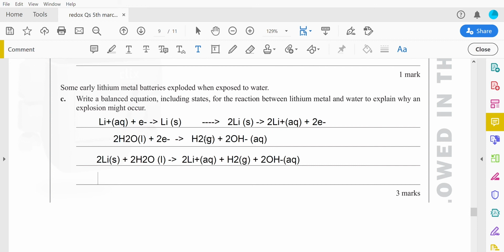And this is in a battery, so you've got electricity, so that could very easily be ignited, or just the hydrogen gas building up in pressure could also cause a battery to explode. So when we're talking about explosions in lithium metal batteries and stuff like that, we're always thinking about the products being produced, and hydrogen we know to be flammable, and also we don't want it building up in a battery due to pressure. So either of those work as an answer for the 3 marks.